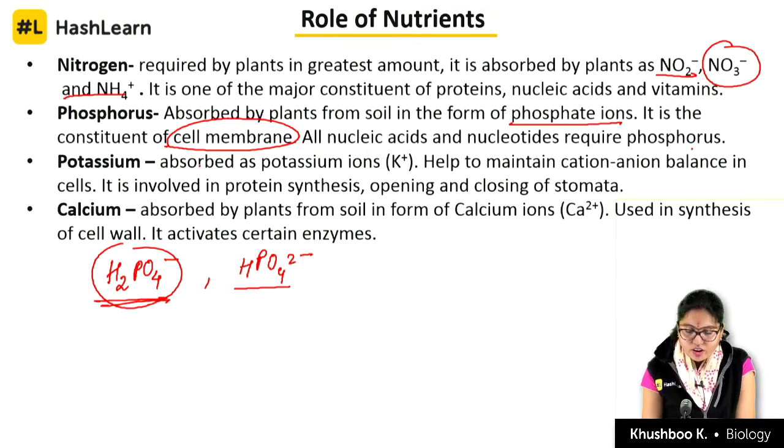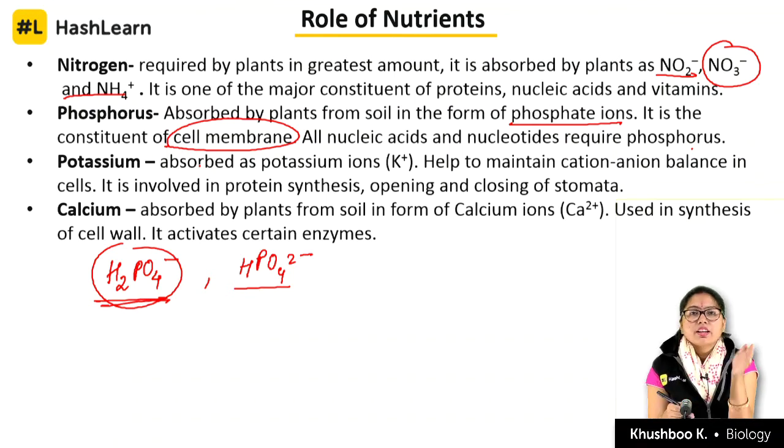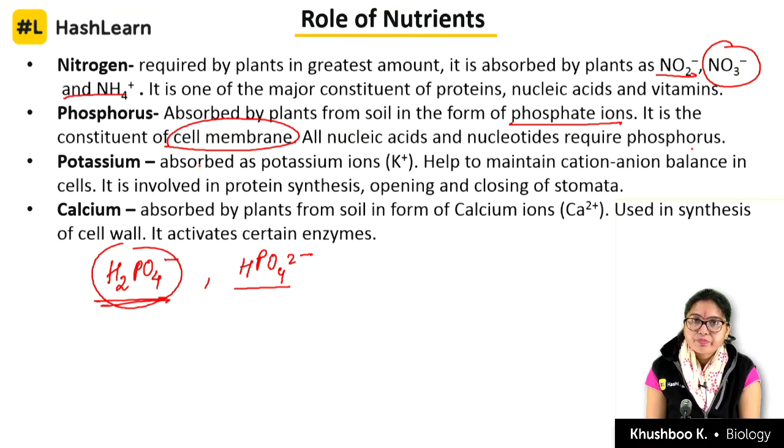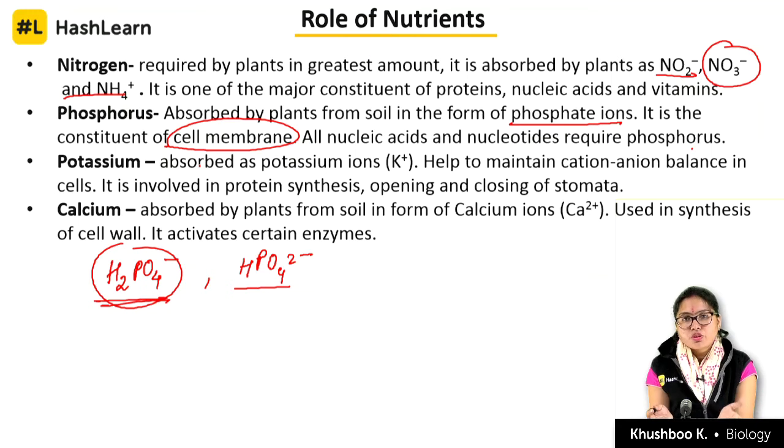And like see, in all the phosphorylation reactions, like in glycolysis, we have conversion of glucose to glucose 6 phosphate. That means when glucose becomes glucose 6 phosphate, phosphate will be added, okay. So there also you are needing phosphorus, and these are the sum total of why phosphorus is a macronutrient.